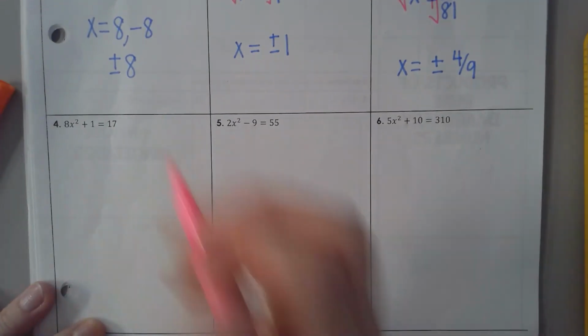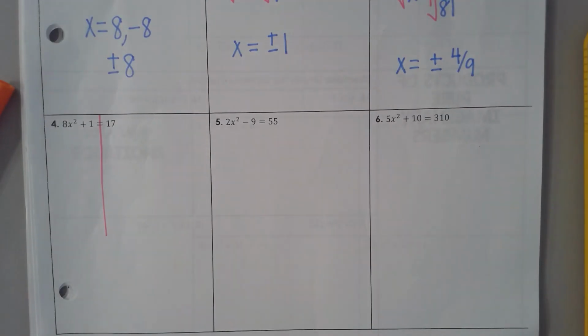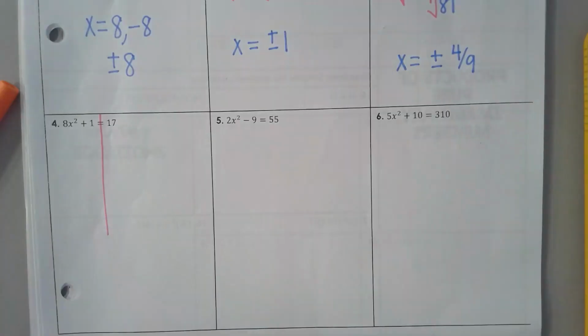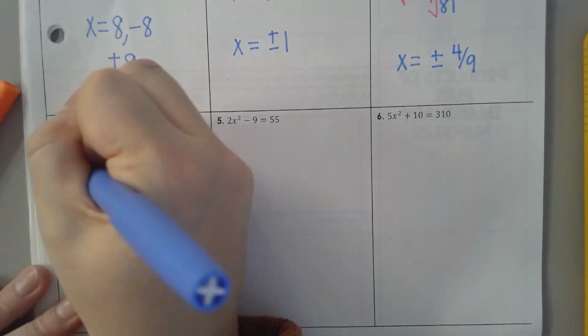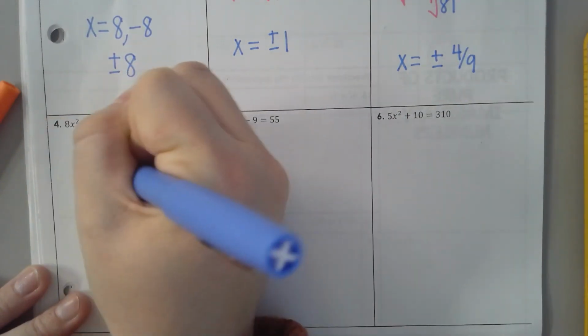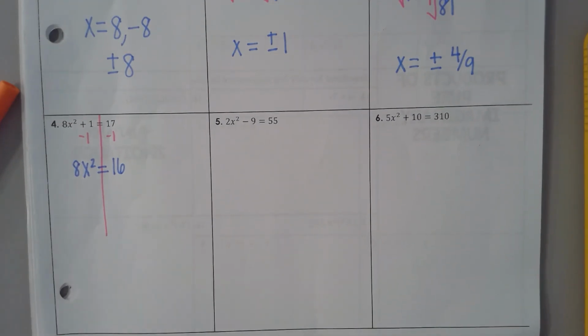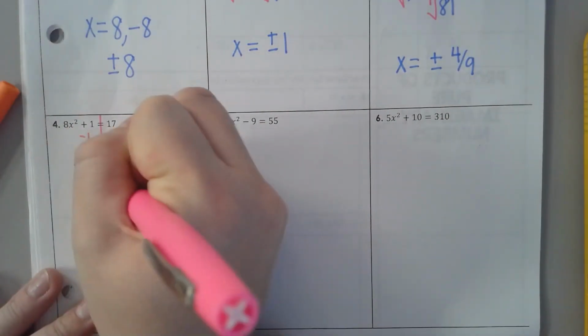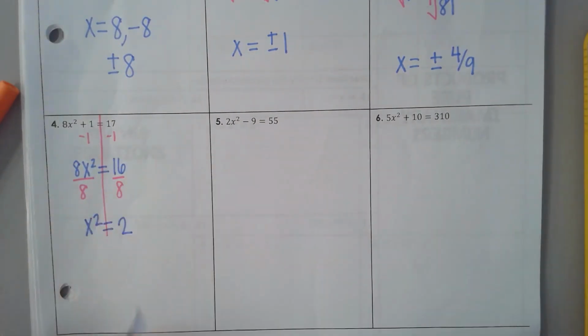Let's look at number 4. Subtract 1. We get 8x squared equals 16. Then you divide by 8 to get x squared equals 2.